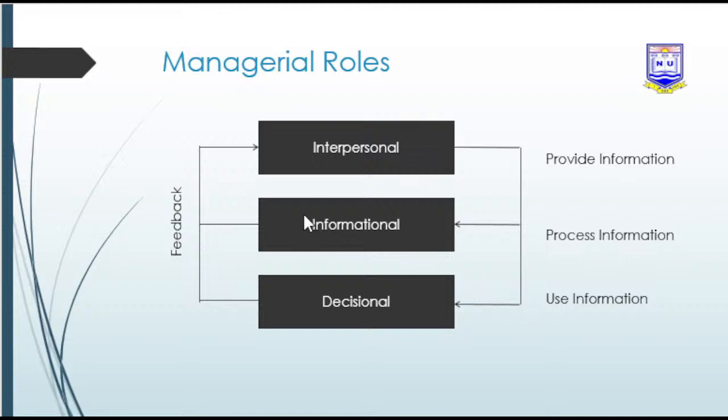So you are in control of the information system, and you need to always control which information comes from outside and which information is processed within. Then which information needs to be disseminated to whom it might concern, and which information needs to be reserved as confidential information. So once you have the information flowing in, it should be taken as feedback to the people you're leading. Okay, that's the informational role.